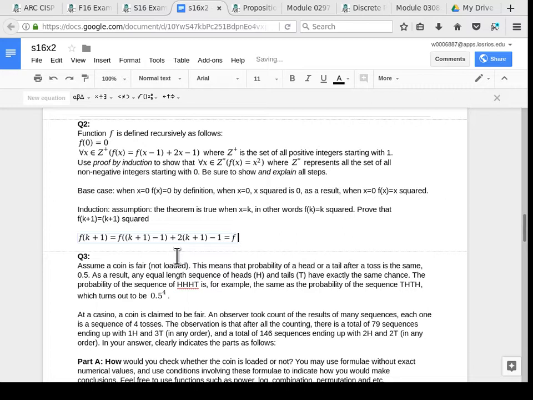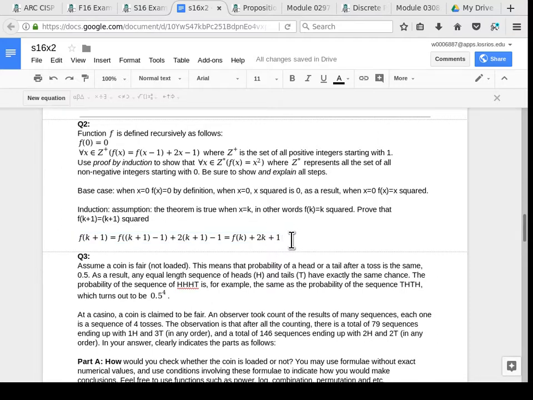So this becomes f of k plus 2k plus 1. I just combined the steps here because the 2k comes from here, and then the plus 1 is because of the 2 times 1 minus the 1 on the outside. So that's why we got 1 left. f of k comes from k plus 1 minus 1 is just k. So that's how we got this equation here.